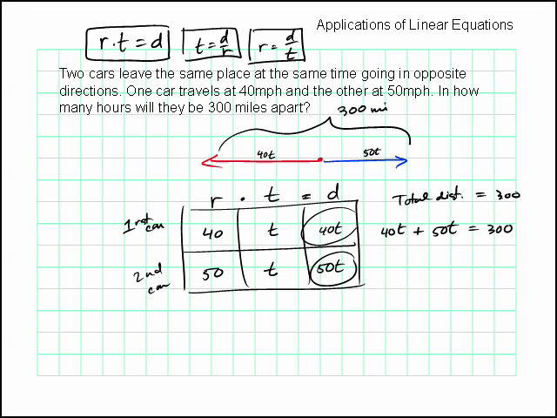That's the equation I need to solve. 40t plus 50t is 90t. Divide both sides by 90. And I get t equals, I can reduce that, 10 over 3, which is 3 1/3. Okay, that's our answer.